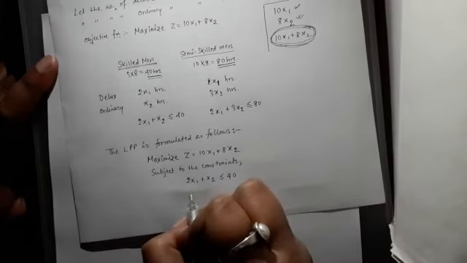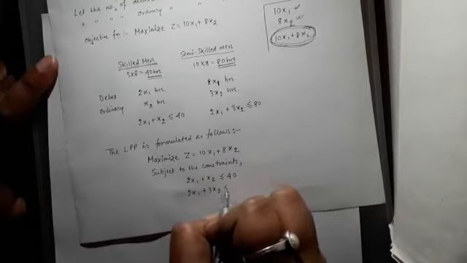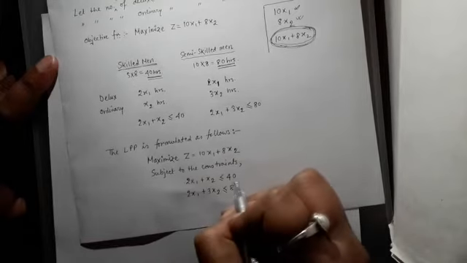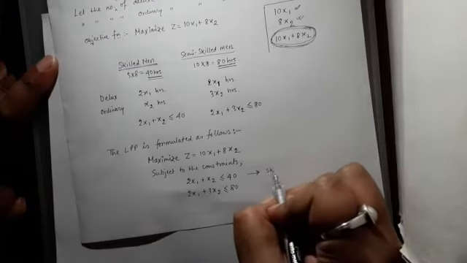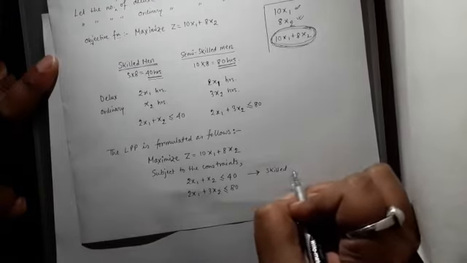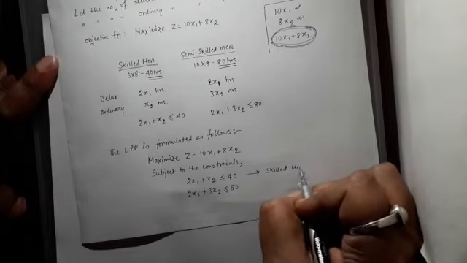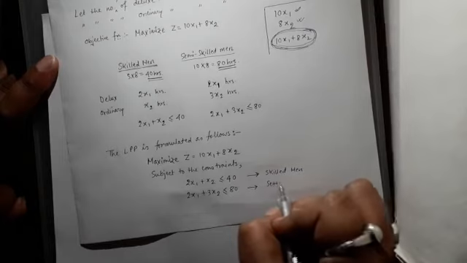The second constraint is 2x1 plus 3x2 less than or equal to 80. The first constraint is related to your skilled men. You don't have to write this, but let me write it for your convenience. The second constraint is related to your semi-skilled men.